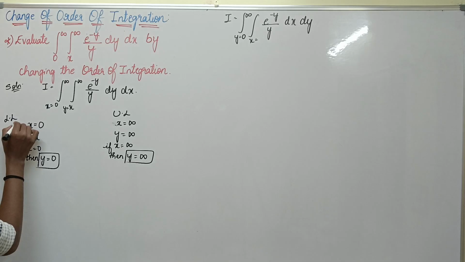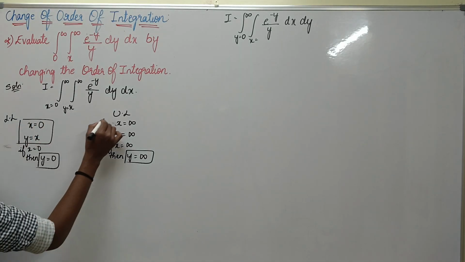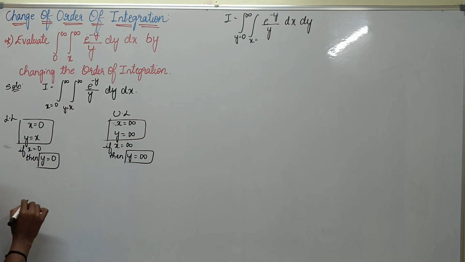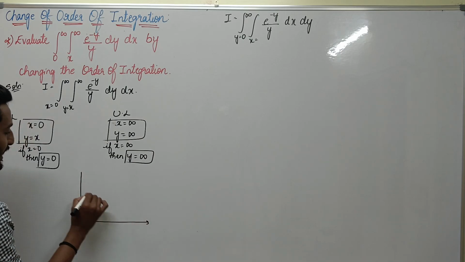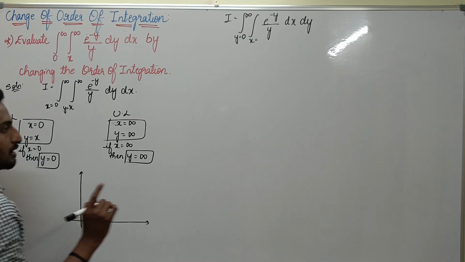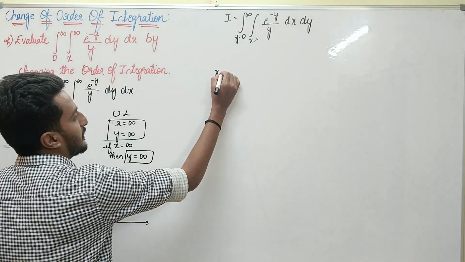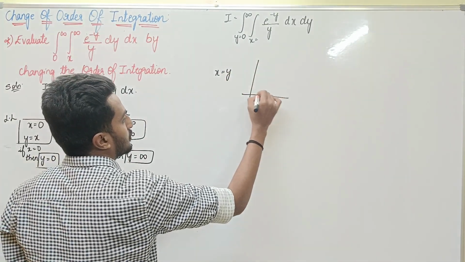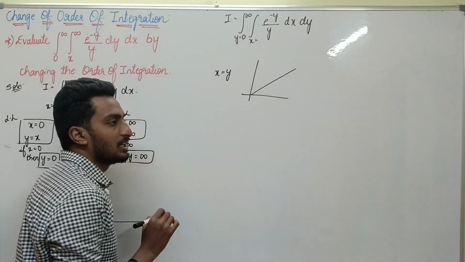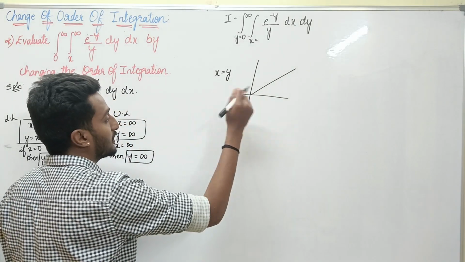How? By considering these limit points, the lower limit and the upper limit. First, let us consider the x and y axes. I have explained always, if x equal to y, they have given the function or the equation, it should be a straight line in the x and y plane.